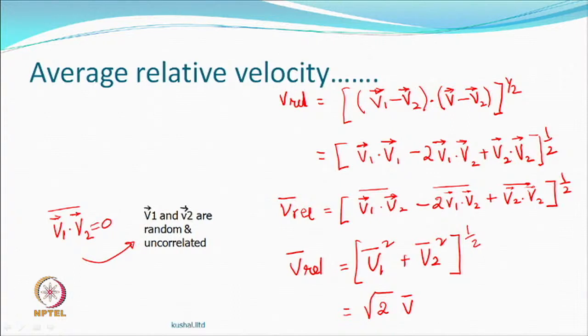So, this shows that the average will be the square root of v1 vector squared plus v2 vector squared, minus 2 v1 vector dot v2 vector. Now, that becomes the mean average.